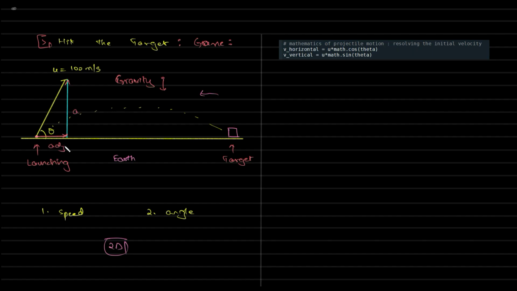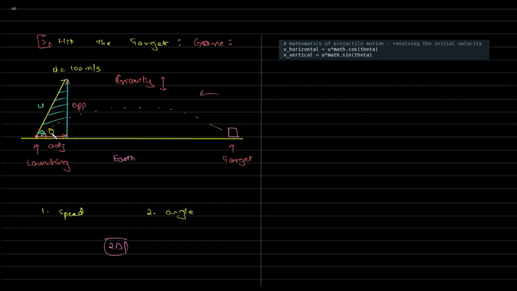This is adjacent, and vertical speed is opposite. Make sense? Just a right angle triangle, nothing else. We know the hypotenuse, which is 100. We'll just call it u. So we are looking at a triangle wherein we know the hypotenuse and the angle, and we have to find the opposite and adjacent.